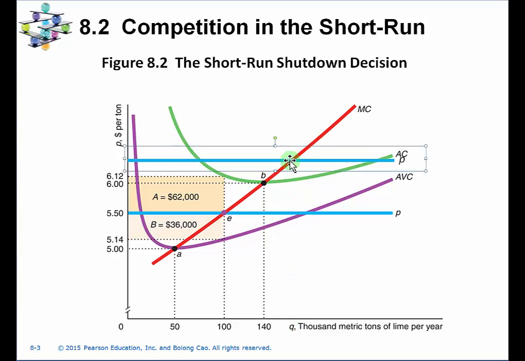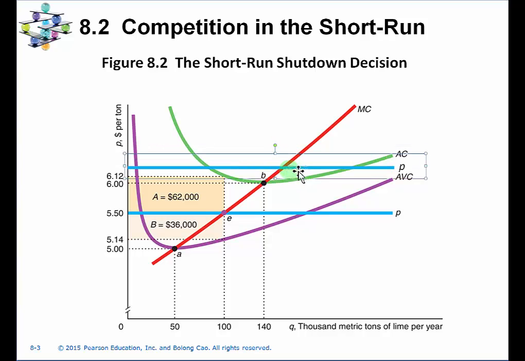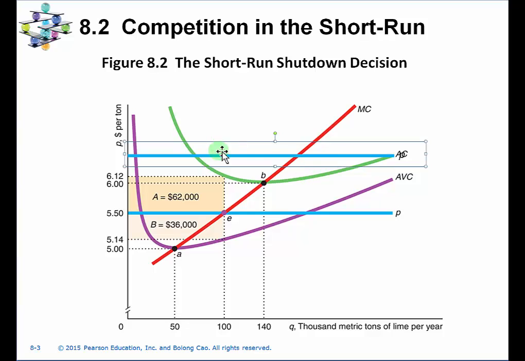And at this quantity where the price meets the marginal cost, the profit is maximized, as long as the price falls above the average cost curve for the quantity produced. For this quantity, this price is above the average cost curve at this point. As long as that is the case, the firm makes profit per unit sold, and there's a total profit.